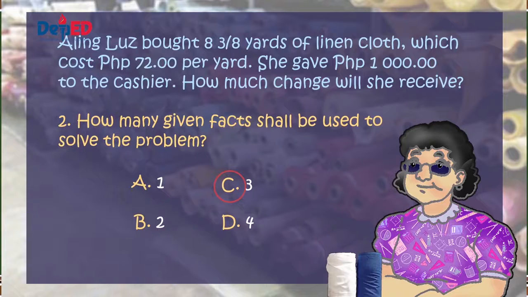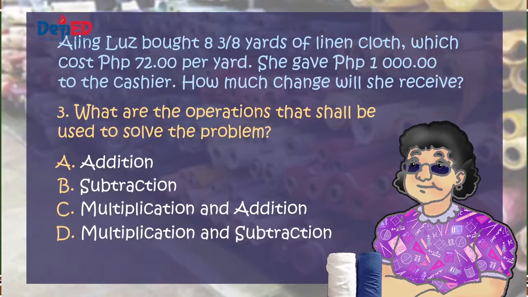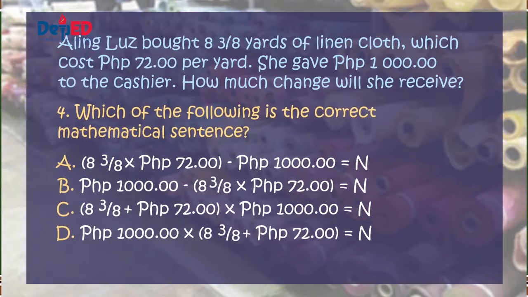What are the operations we shall use to solve the problem? The correct answer is letter D. Multiplication and subtraction. Which of the following is the correct mathematical sentence?